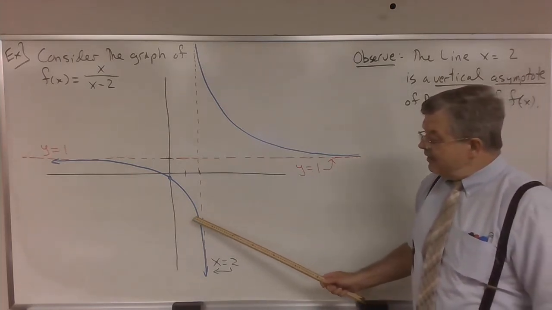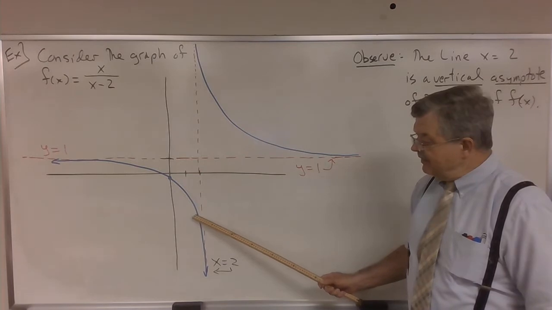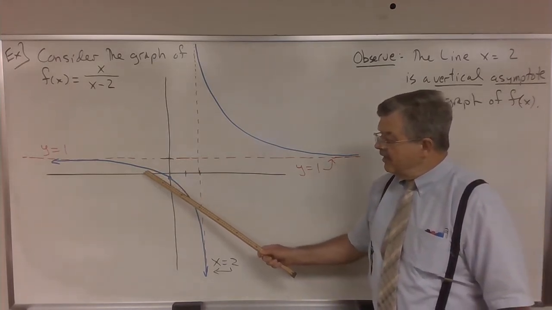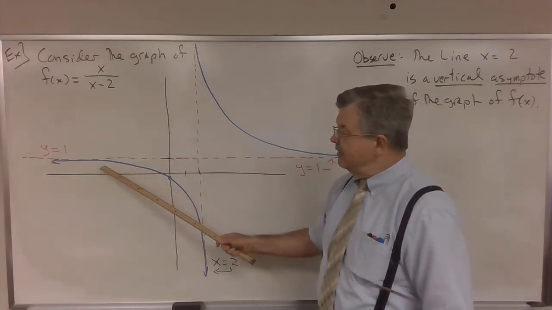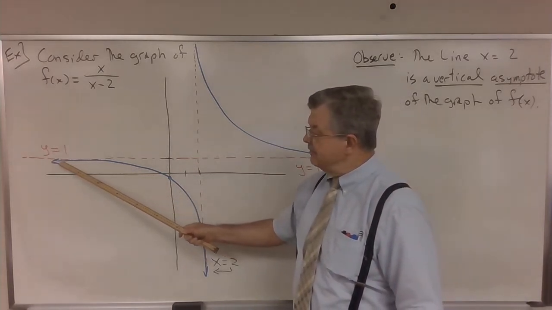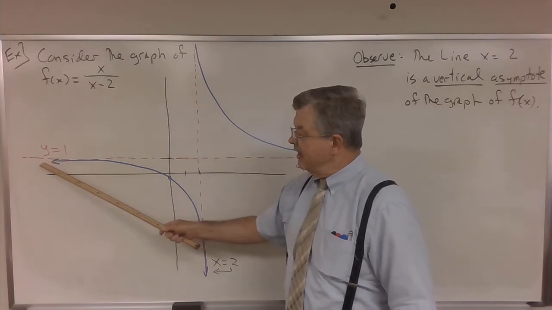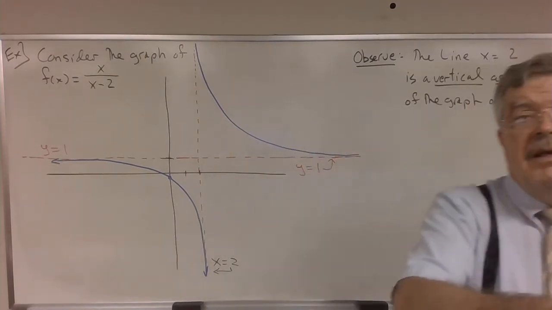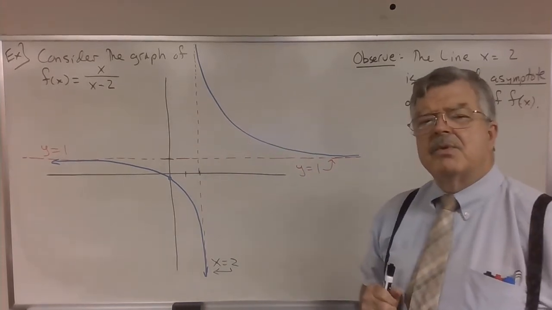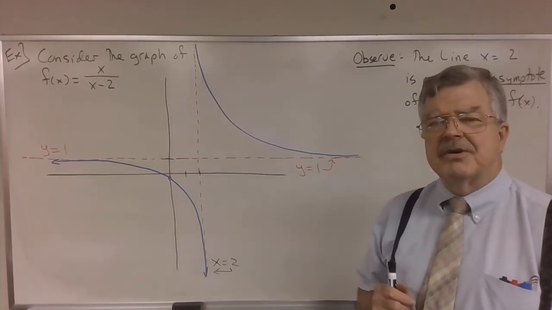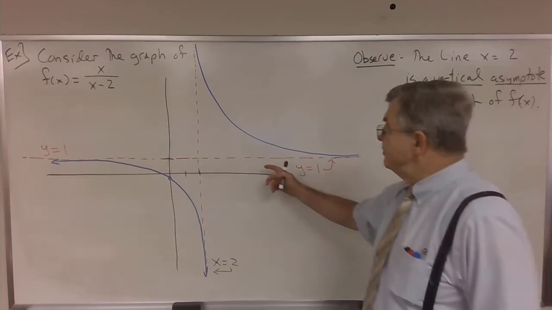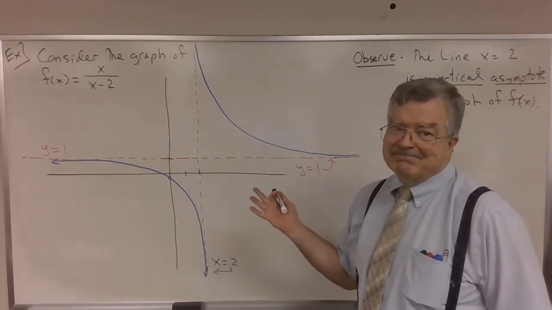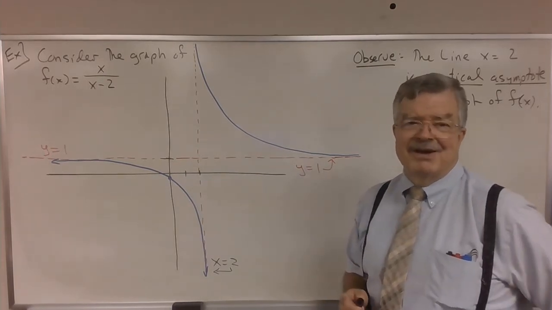And if I start on this portion of the graph and move in this direction, the graph again gets closer and closer to this horizontal line y equals 1. So the line y equals 1 is an asymptote of our graph. And since the line y equals 1 is a horizontal line, we call it a horizontal asymptote.